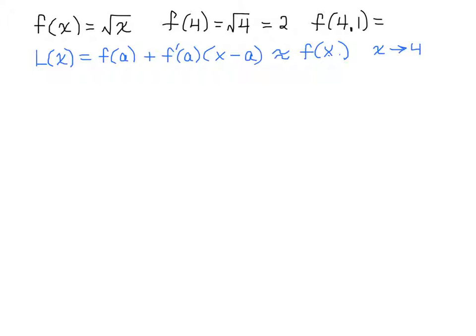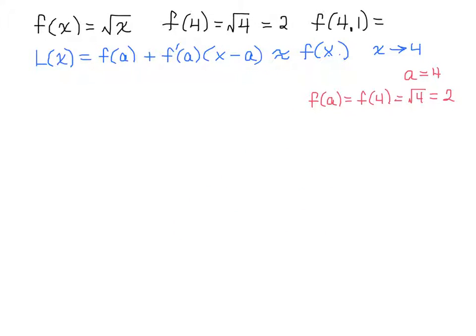So we want our a to be what we know, 4, because we know the square root of 4. So we want a to equal 4, because we know what f of a is. f of a is f of 4, which is the square root of 4, which is 2.